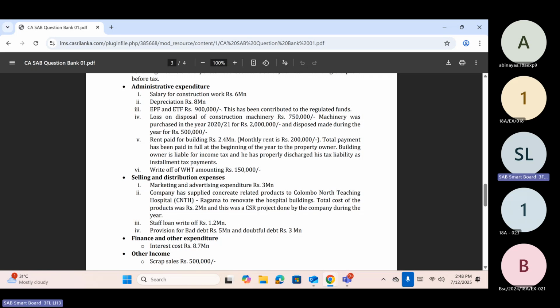From total interest cost, how much? 8.7 million.